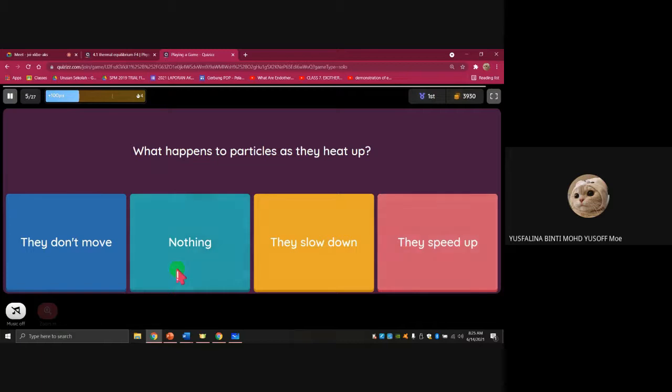Okay, just now someone said, right, when you heat up, there is high kinetic energy, right? So high kinetic energy means the object moves faster. So when they move faster, it means they speed up, not slow down. They slow down if you freeze the object. If you cool the object, then it will slow down. If you heat up the object, they will speed up because of the high kinetic energy.